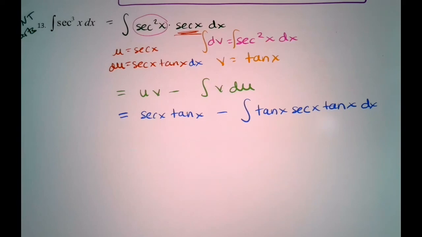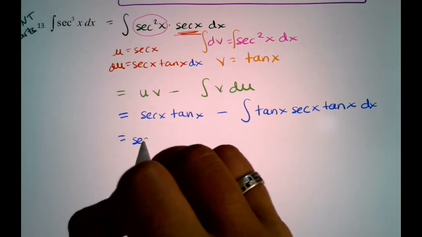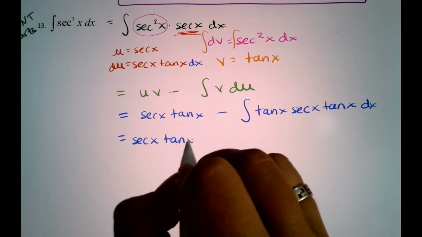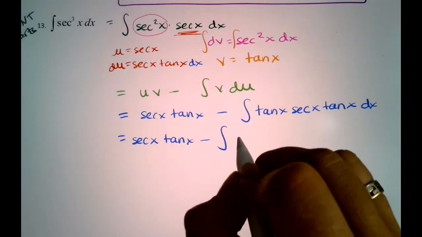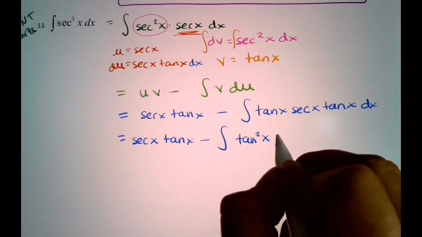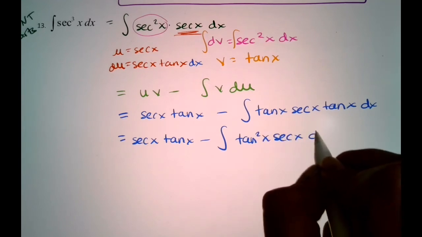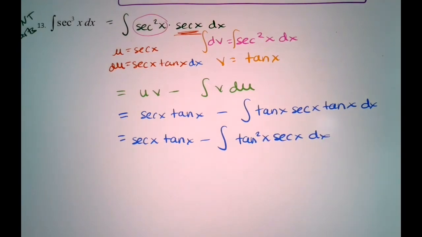Okay, so what do I have here? Well, that is tan squared x secant x. So I have part of my antiderivative and the other part left for me to work on. I'm a little confused on what I should be doing here.